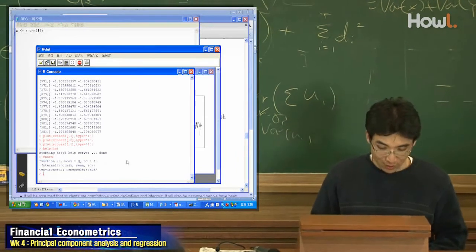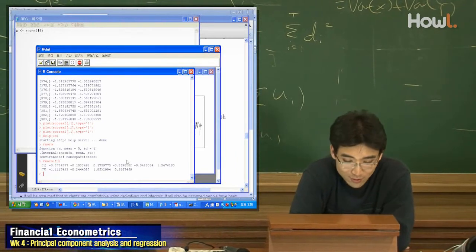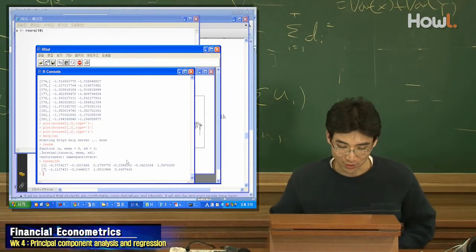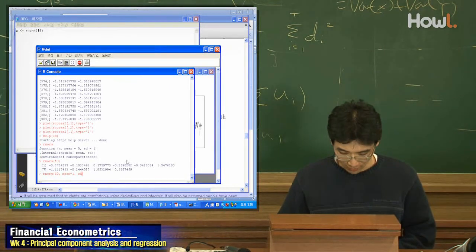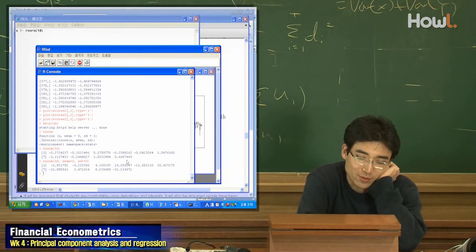So rnorm(10) generates 10 random numbers from the standard normal distribution, and if we set mean equals 1 and standard deviation 10, it generates 10 random numbers from a normal with mean 1 and standard deviation 10.